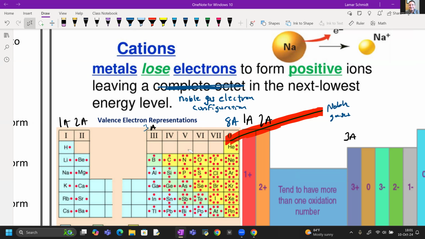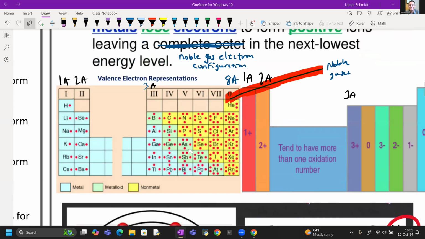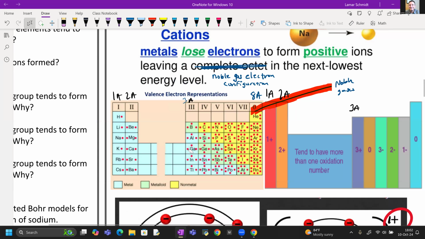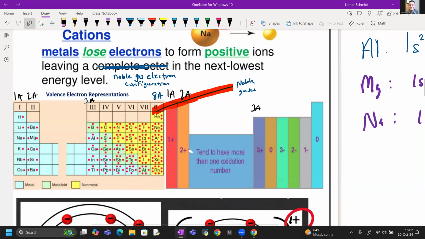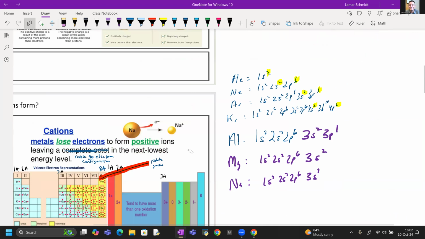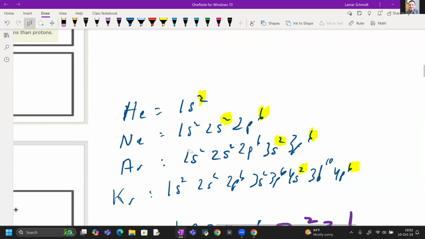And so what do we know about noble gases? They are all the elements in group 8A, as listed right here on this periodic table: helium, neon, argon, krypton, xenon, radon. And so those are our noble gases. And what we notice about our noble gases is they have these very specific configurations. So I'm showing these here.